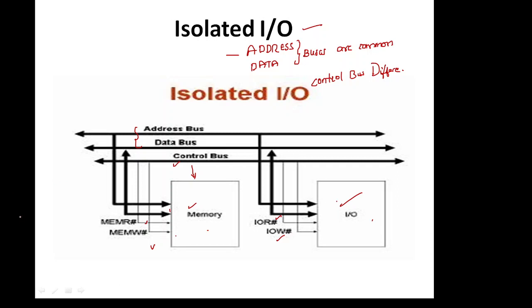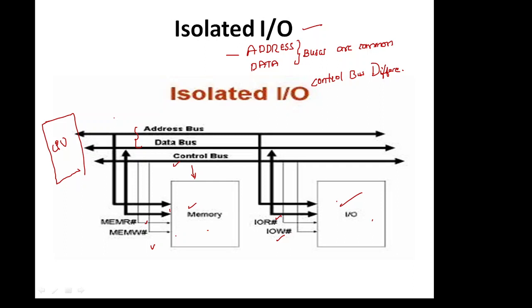Suppose when the CPU decodes an instruction, and the data is for IO, these are connected to the CPU. If the CPU decodes the instruction and the data is for IO, what is it going to do?